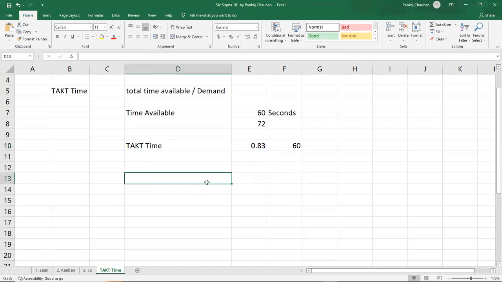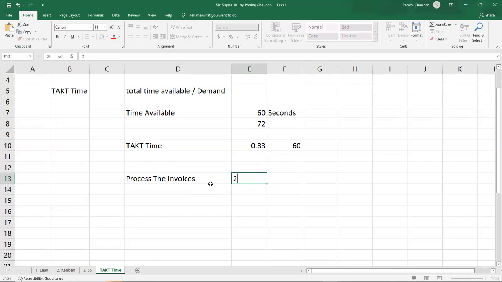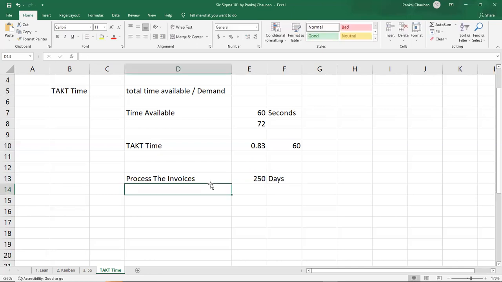Let's take the operational example. Suppose you have to process invoices and you have been assigned a task to process approximately 250 invoices in a day. And how much time is available for you to process all these 250 invoices?